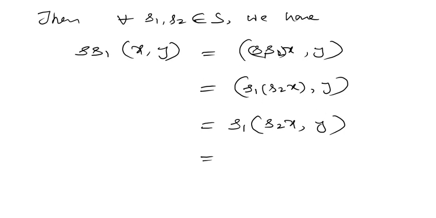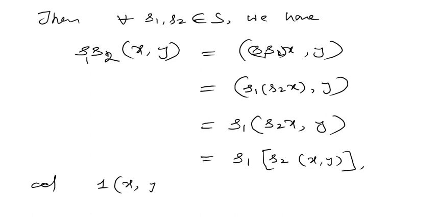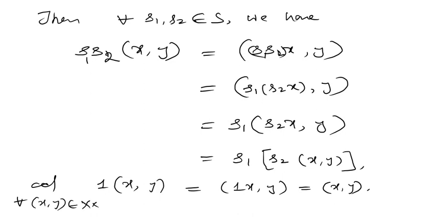So this is equal to s1 times (s2 (x, y)). And the identity, 1(x, y), by definition of action, is equal to (1x, y), but X is a left S system, so it's (x, y). This is true for all (x, y) belongs to X cross Y.